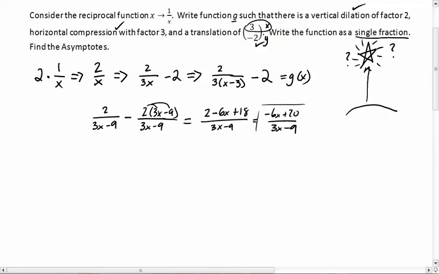And so now I have a single fraction for g of x. There we go. So that's accomplished.